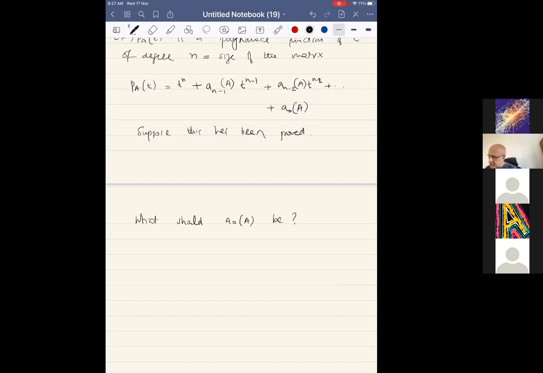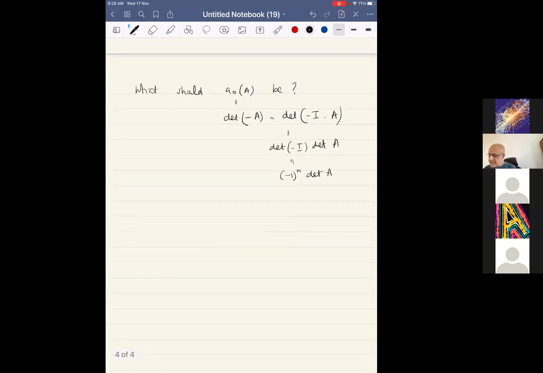So as Shubham said, a_0(A) is in fact determinant of minus A. And since this is determinant of minus the identity times A, which is determinant of minus I times determinant of A, and determinant of minus I is minus 1 to the power of n, the claim is that a_0 is this. This is Shubham's answer. And let's justify that.